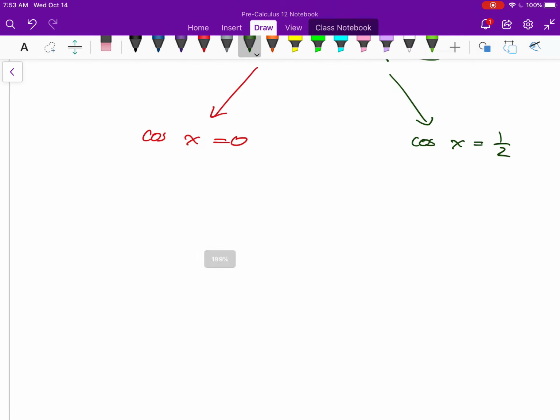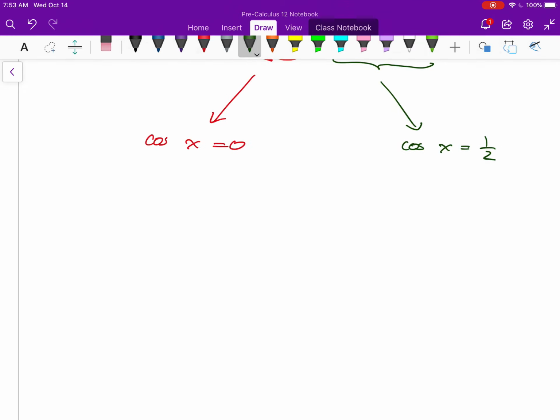And where does cosine equal 0? Cosine starts at 1, goes down to 0, goes all the way down to -1, back up to 0, round and around. So cosine equals 0 anytime we have an angle coterminal here and here. My restriction was from 0 to 2 pi, so that's only at pi over 2 and 3 pi over 2.